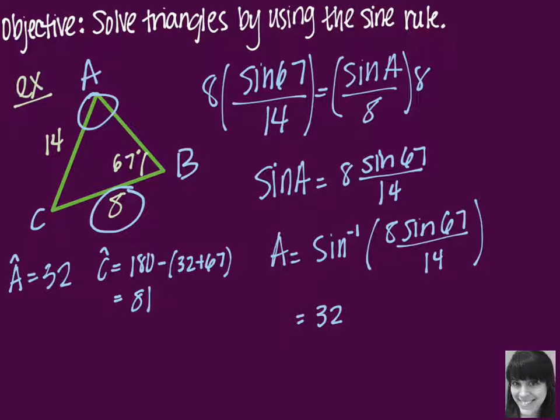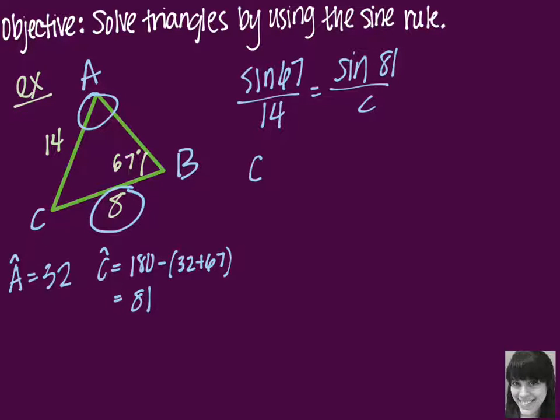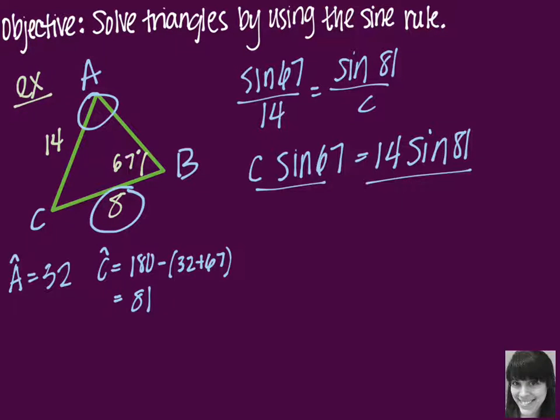So I'm just going to erase this work. And you always go back to the one known proportion, which was sine 67 over 14, and we're going to use sine of 81 to find C. Because our unknown is in the denominator, we're going to cross multiply, so we have C times sine of 67 equals 14 sine of 81, and you divide both sides by sine of 67.